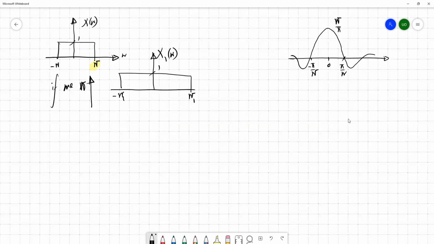If we increase this W, this magnitude would be increased, so you have a high peak here. This is W over pi. Once you increase W, the amplitude at t equals 0 simply increases. What happens to pi over W? Once you increase W, pi over W becomes small. So then you have this kind of signal.